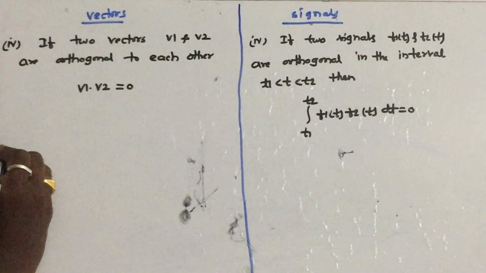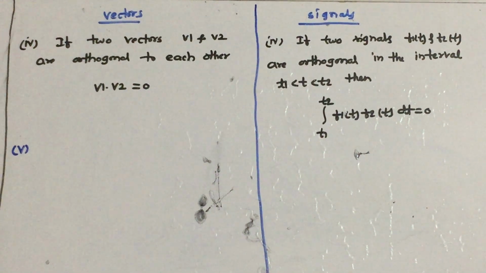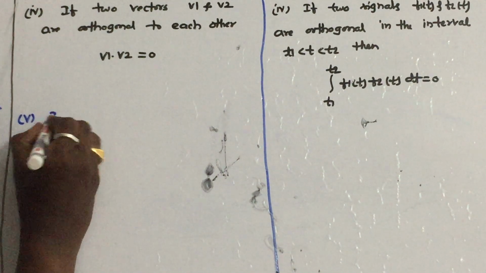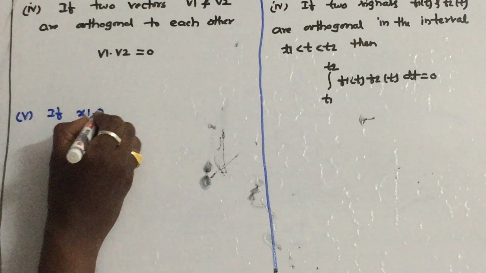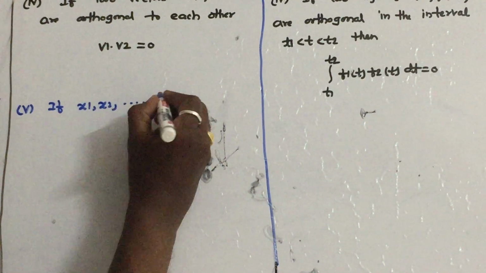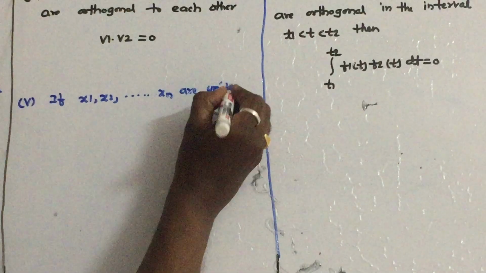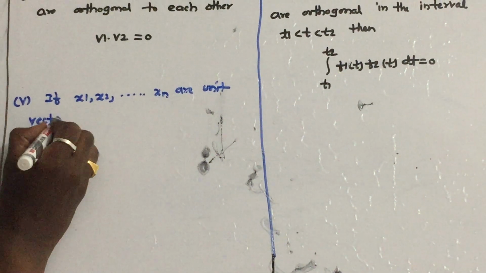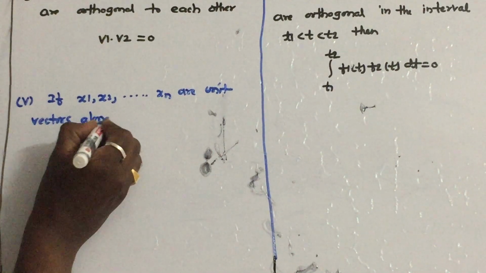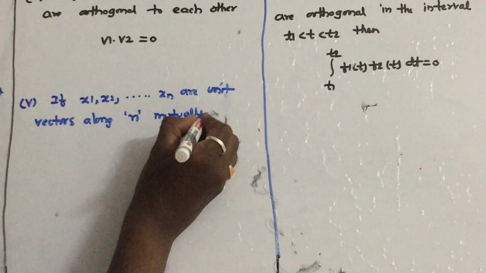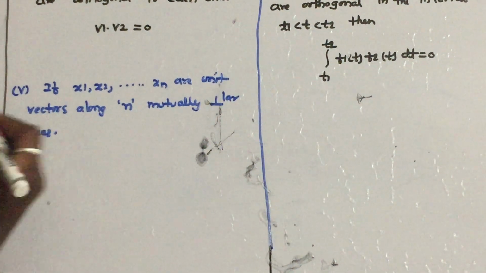Now the fifth point is that suppose x1, x2, so on xn are unit vectors along n mutually perpendicular axes.